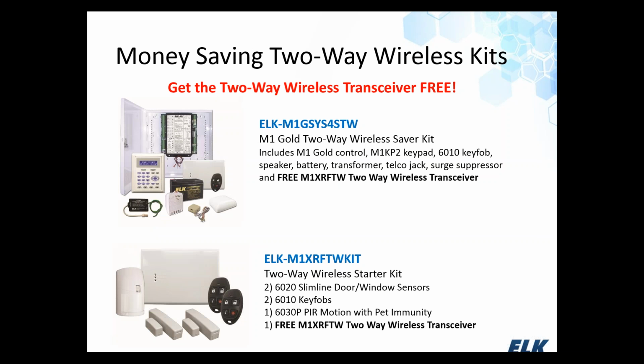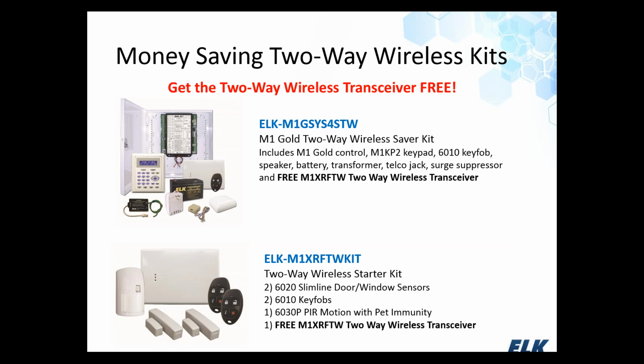Open air line of sight, probably about 300 feet. Once you start adding in, especially rebar, concrete, ductwork, those can really deteriorate the signal of any wireless. It's kind of hard to put a range on a sensor without knowing what environment it's going into.